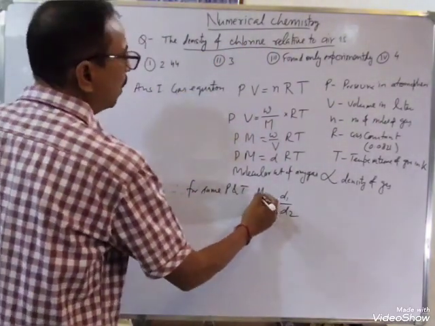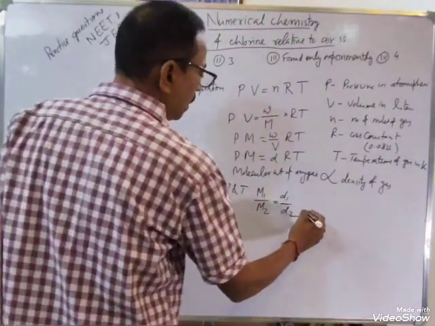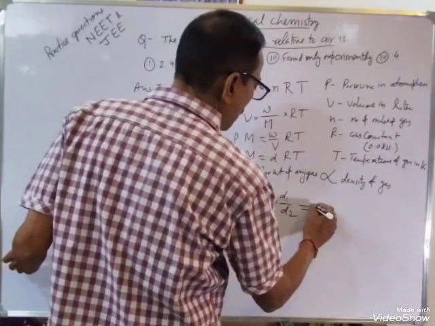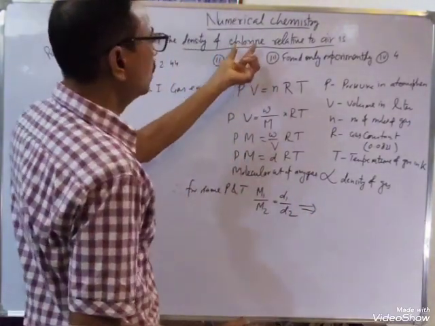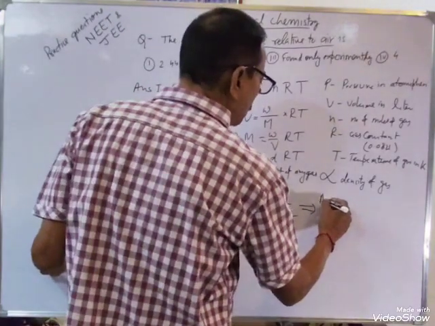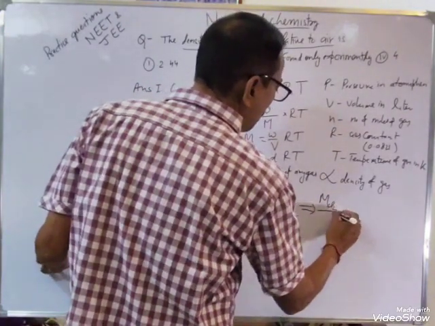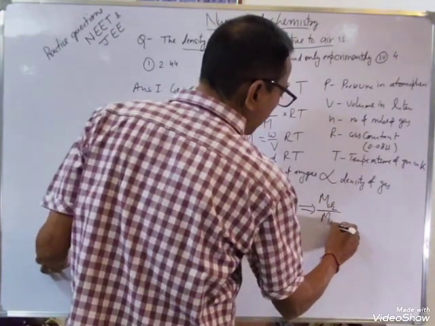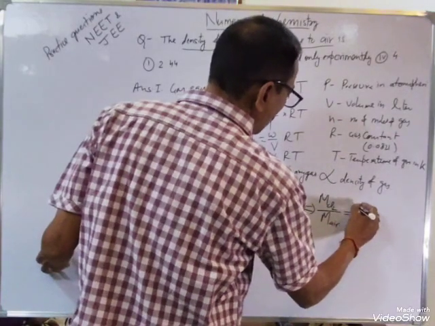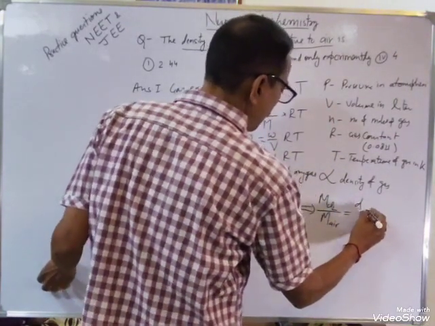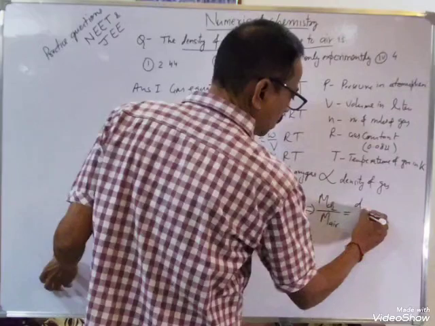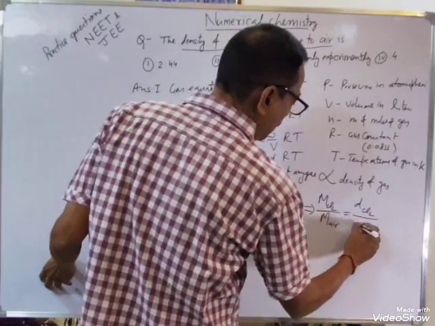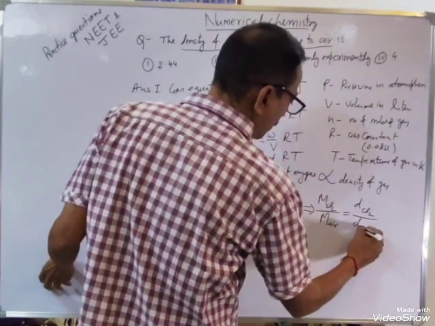Apply this: if m1 is chlorine relative to air, so M of Cl2 divided by M of air equal to density of Cl2 divided by density of air.